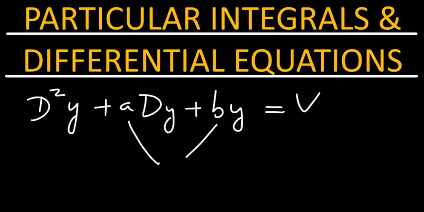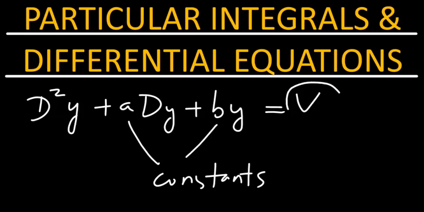In this video, we shall look at differential equations of the following kind. We note that A and B are constants. Note the appearance of a function v. V in general is a function of x.